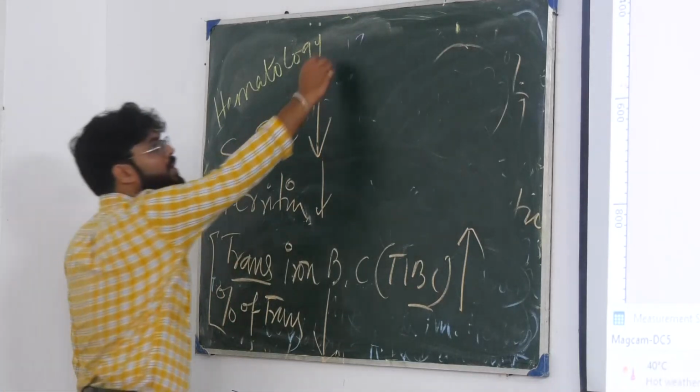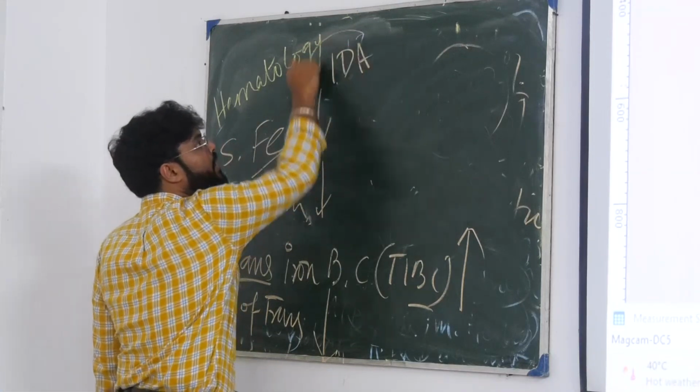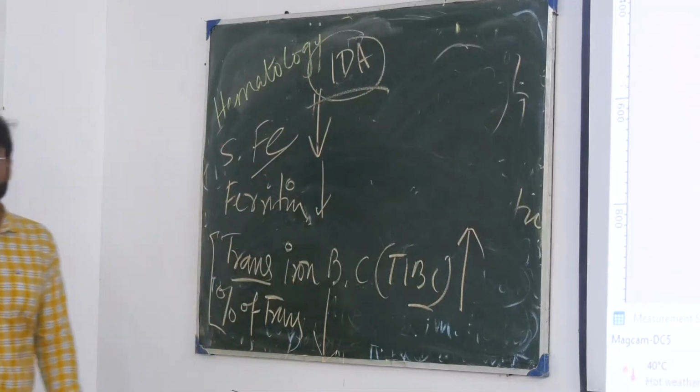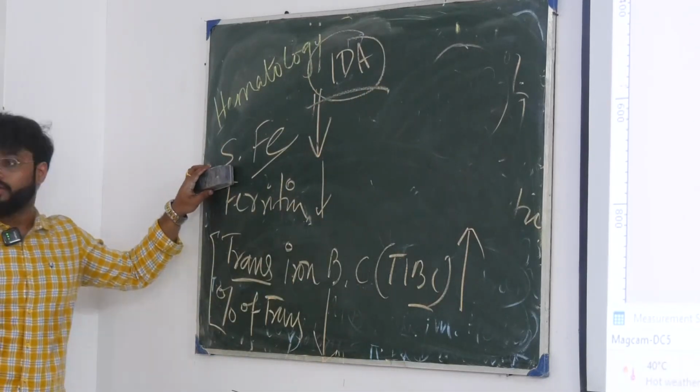So this is the typical picture of iron deficiency anemia, যেখানে at the last stages there will be serum iron deficiency.